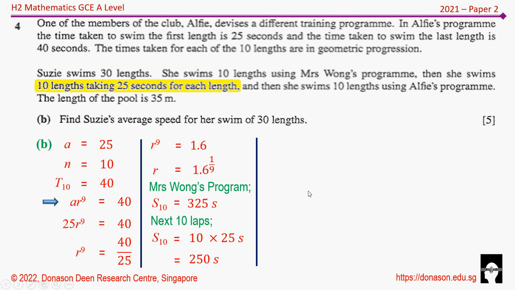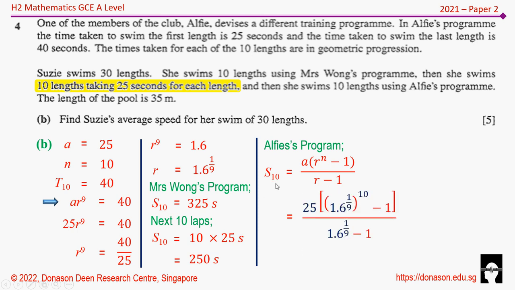Now let's go for the last 10 laps using Alfie's program. For the last 10 lengths, we need to work out S10. We already know the value of a as well as the value of r. So we're going to use the formula a times r to the power of n minus 1 over r minus 1, where we replace a with 25 and r with 1.6 to the power of 1 over 9, and this r is also going to be the same thing.